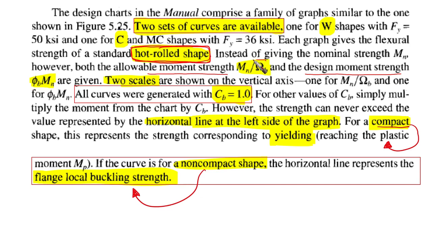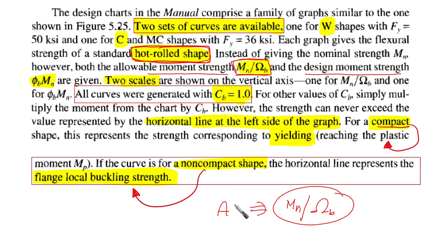given. This is the allowable, which means ASD, so Mn over omega, or the safety factor, okay, and this is related to ASD. For LRFD, you're going to find that it provides directly phi b times Mn.